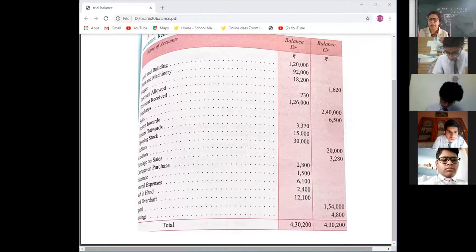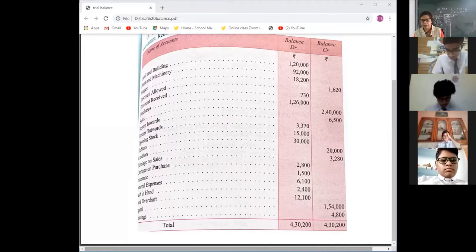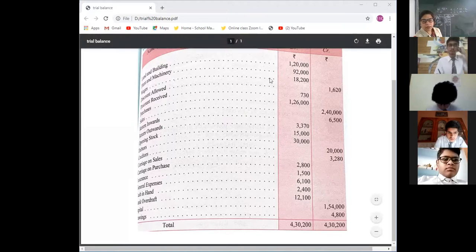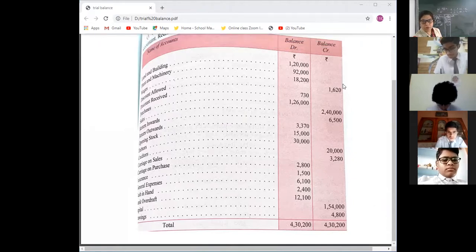One is for debit, another is for credit. See here, that is given wrong, put here. See here, this is given wrong, put in credit, because received is income, allowed is an expenditure.